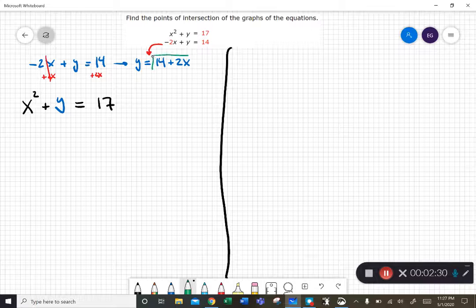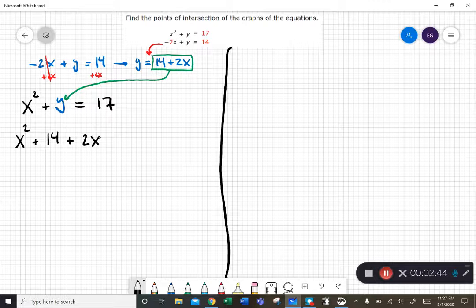So this 14 plus 2x could go in for that y. So we'll have x squared plus 14 plus 2x equals 17. So now we have a single quadratic equation with one variable.